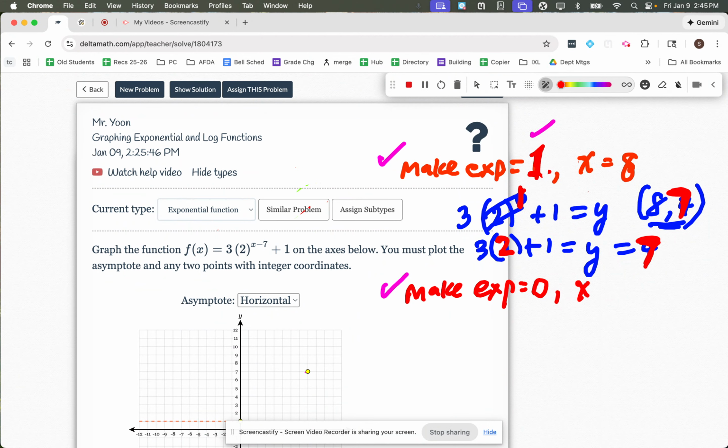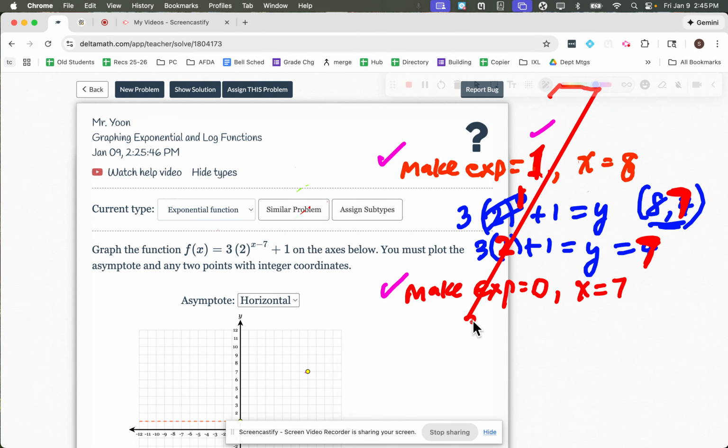Your second trick is to make the exponent 0, and this is where x gets to be 7. And once we've made x 7, we're going to have, oops, that's weird.